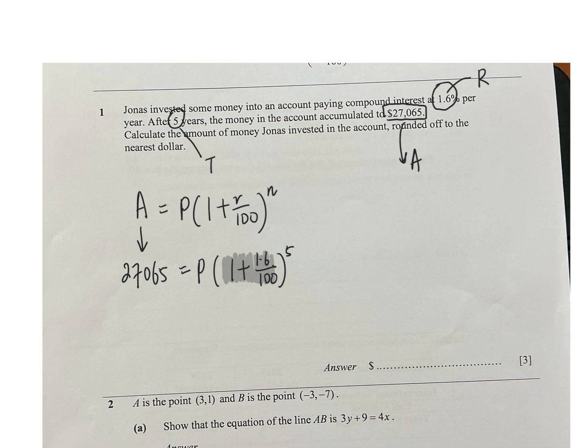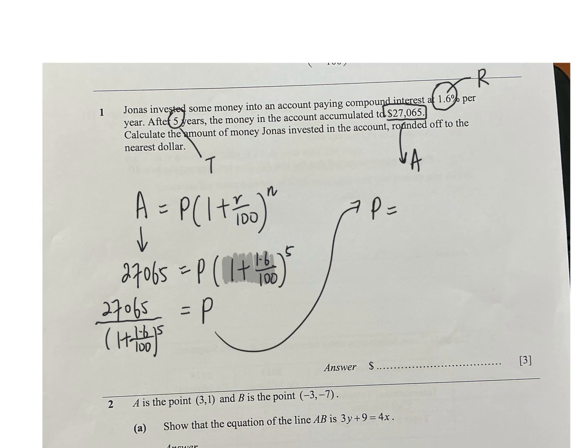Once you find P, you can just copy the whole chunk over. Then you get P being, if I'm not wrong, a whole number.